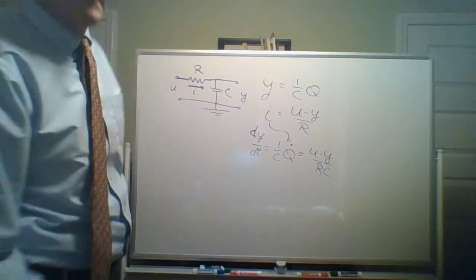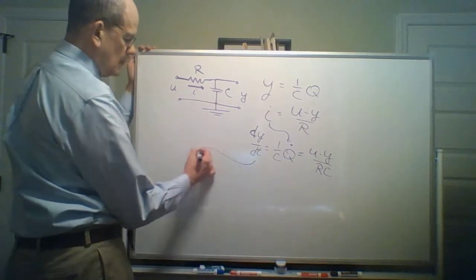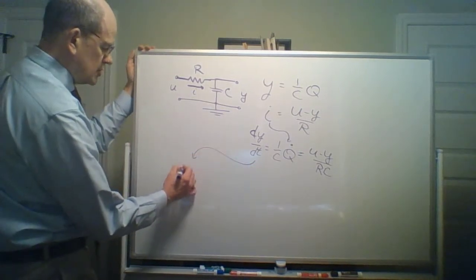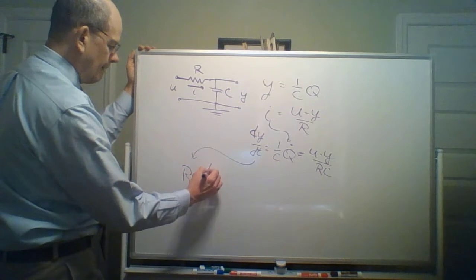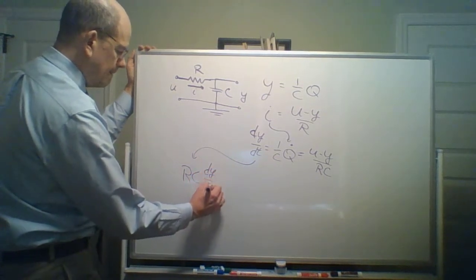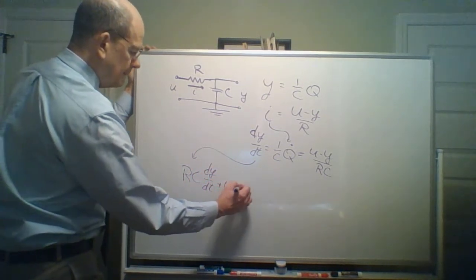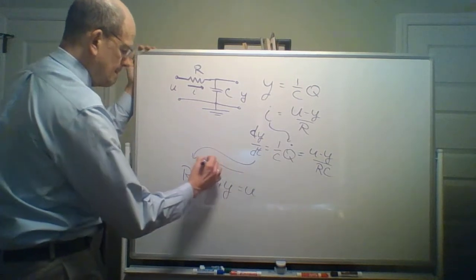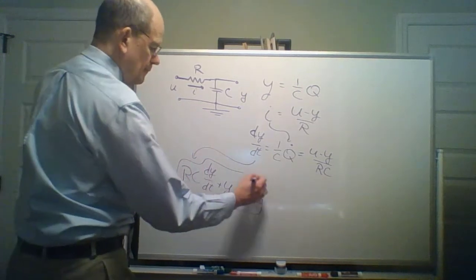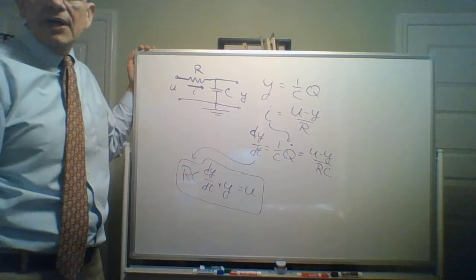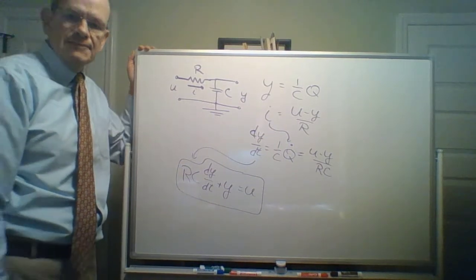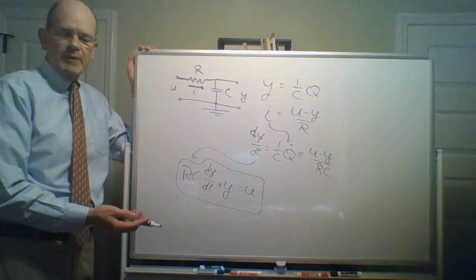And so we end up with the differential equation RC dy dt plus Y equals U, which we recognize as a first order filter, also usually called a low pass filter.